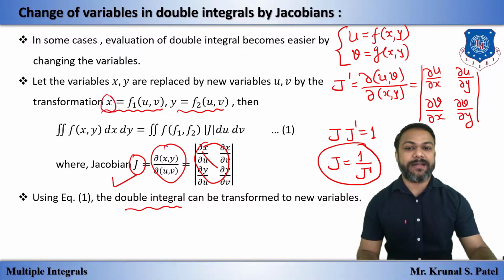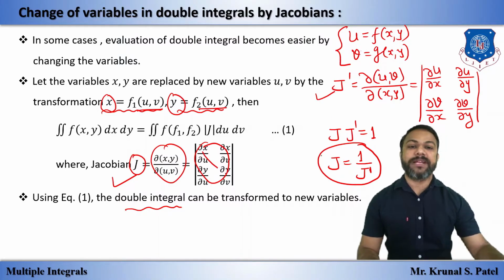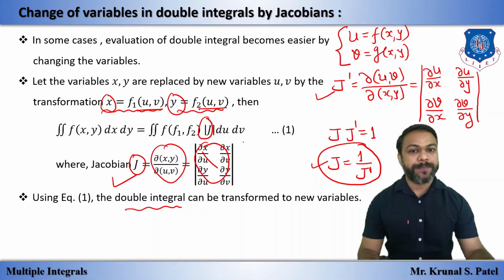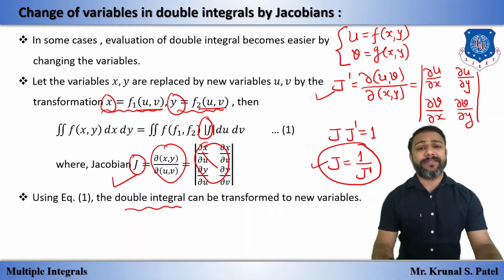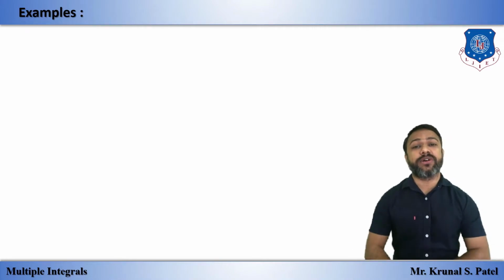When x and y are given in terms of u and v, we can directly find j, del xy upon del uv. But when u and v are given in the form of x and y, we will find j dash, from j dash we will find j, and we will use that j here. So this is the method. Now let's have a look at an example to understand how we will use j or j dash.